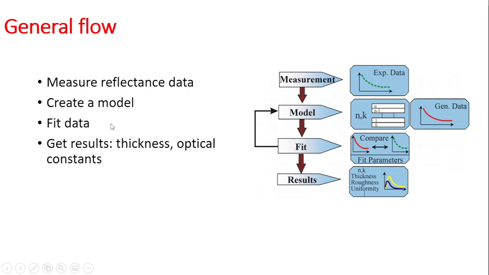You might have to go back and forth between different models to find the best fit for your data. Once you get the best fit, you get the results, which are your film thickness, optical constants, and various other parameters used to fit the model to your experimental data.